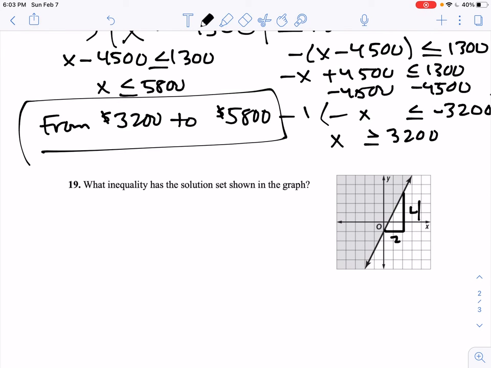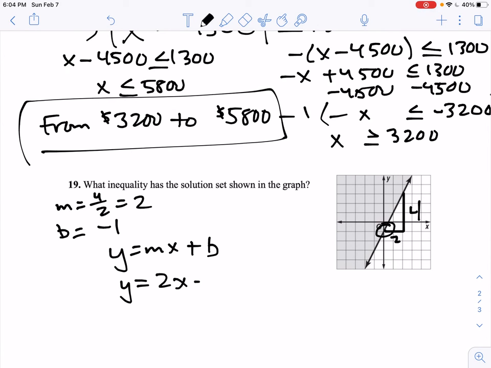It's going to be a positive slope because it goes up from left to right. So my slope is going to be 4 over 2, which is 2. And then my y-intercept is where it crosses the y-axis, right? And so my y-intercept, which is b, is negative 1. So now put it in this y equals mx plus b form. So you're going to have y is equal to 2x minus 1.